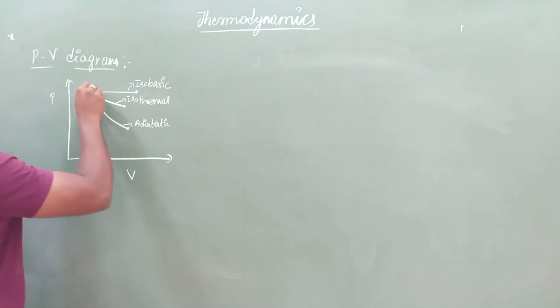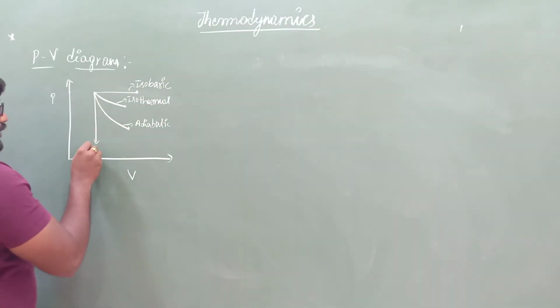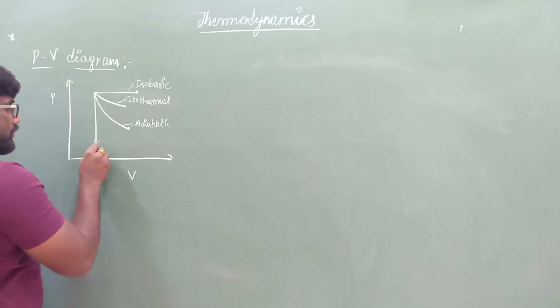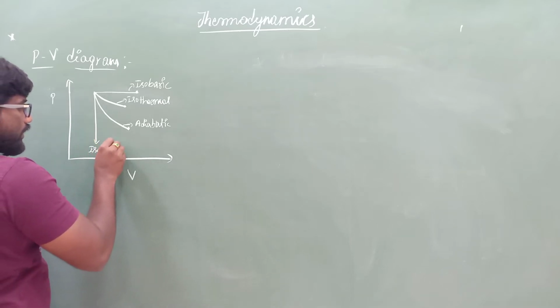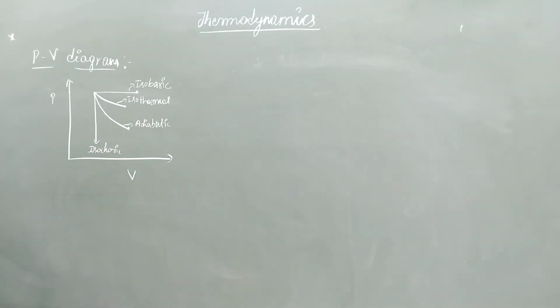This is for what? Isochoric process. See, when you look at this graph, we have represented all 4 different types of process under one particular diagram. That is what we call the PV diagram.